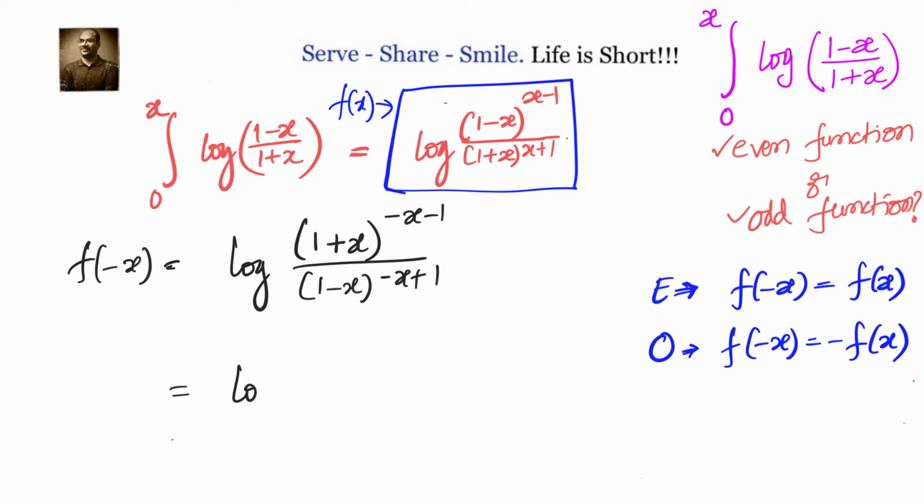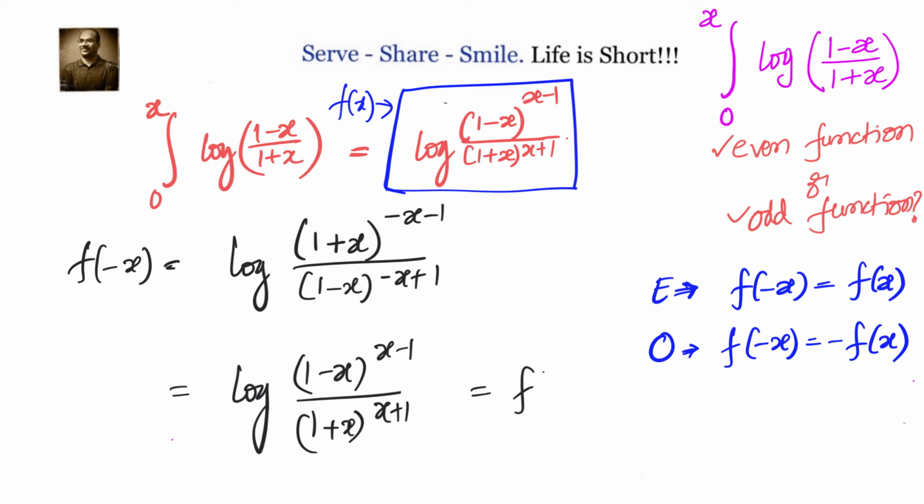Now this can also be written as log of (1 minus x) whole to the power of x minus 1 divided by (1 plus x) whole to the power of x plus 1, and that equals f of x. So f of minus x is equal to f of x. That means the given function is an even function. So the integral from 0 to x of log of (1 minus x) by (1 plus x) is an even function.